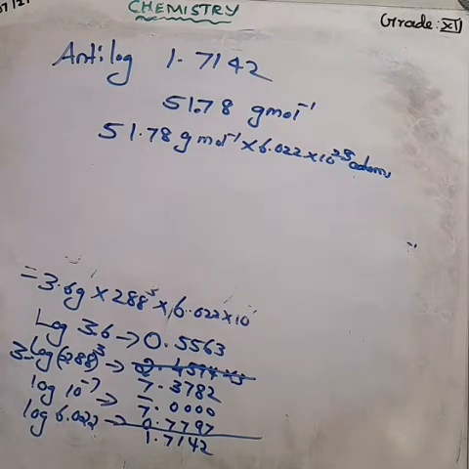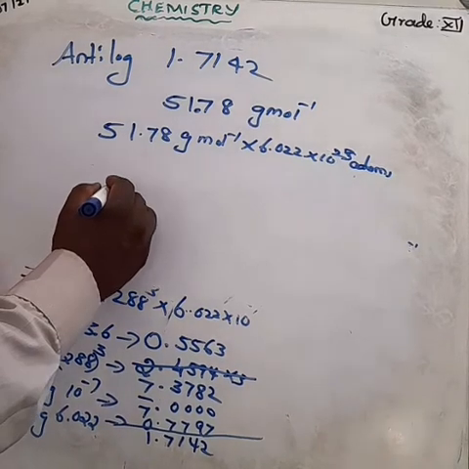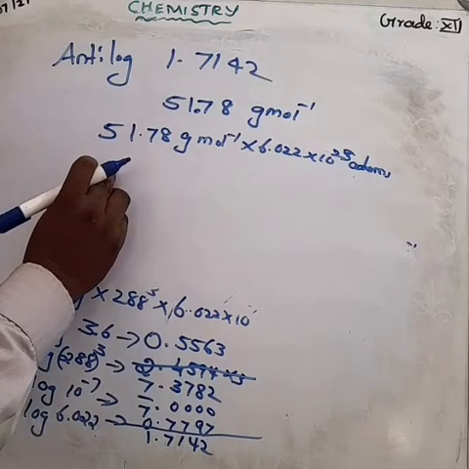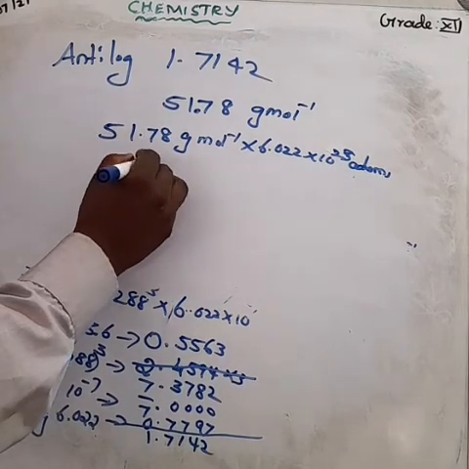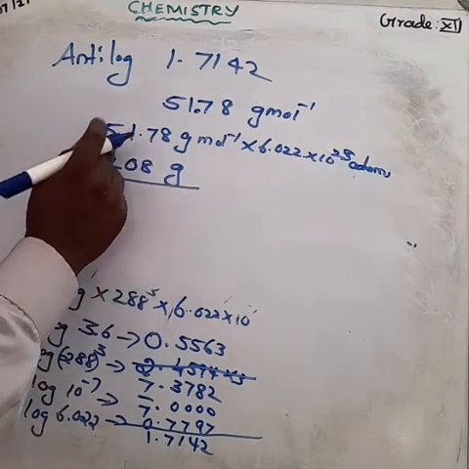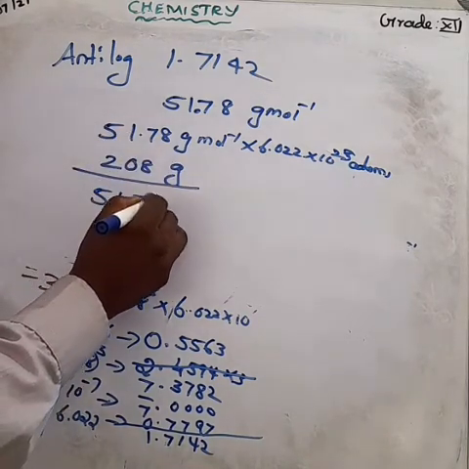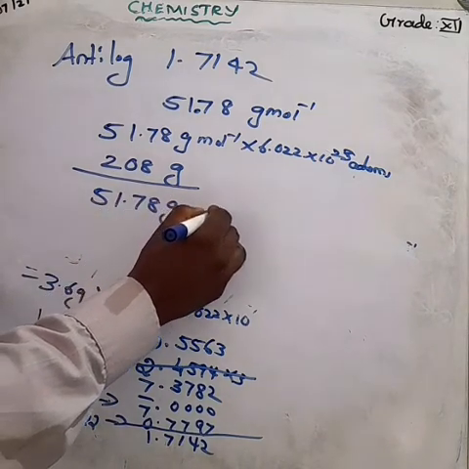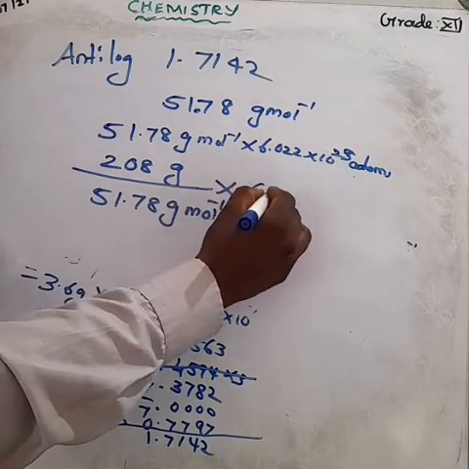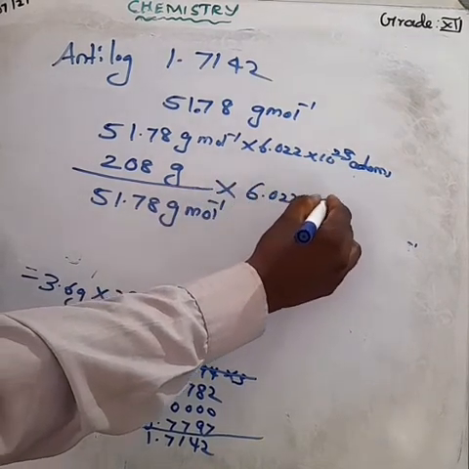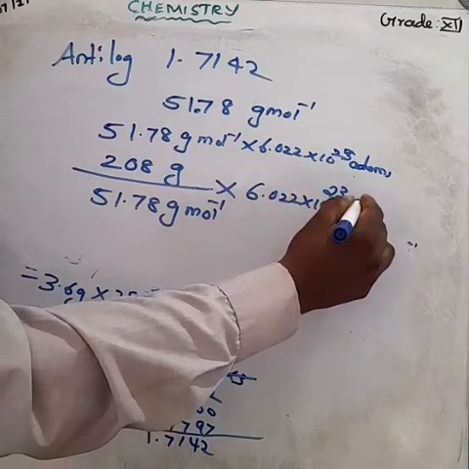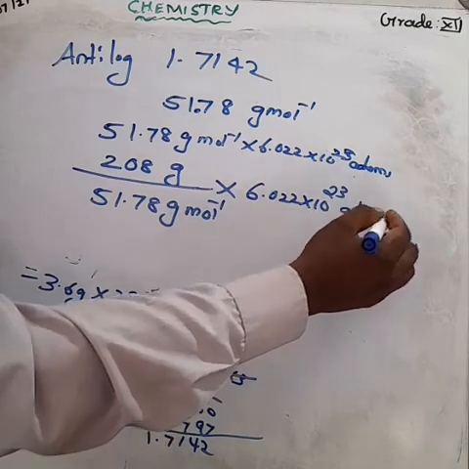So first you have to write how many atoms are present: 208 gram divided by the molar mass 51.78 gram mole inverse, into the Avogadro number 6.022 into 10 raised to 23 atoms mole inverse.